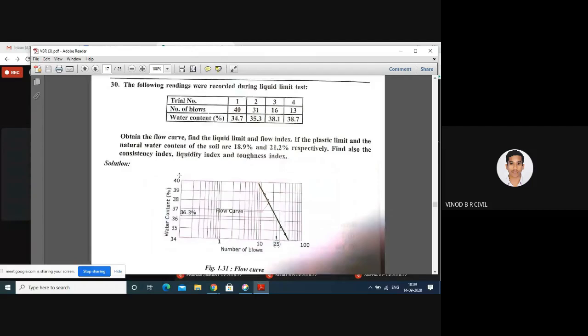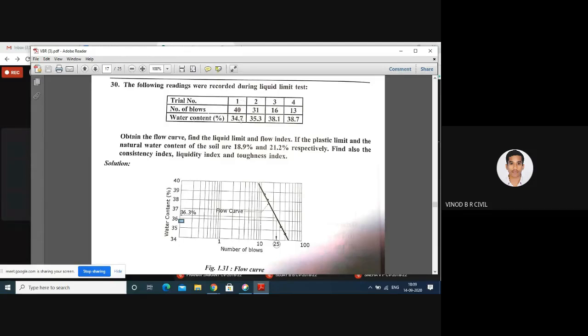In the semi-log graph sheet, this is 0, then 1, 10, 100. Here the y-axis is water content: 34, 35, 36, 37, 38, 39, 40. First one is 40, 34.7.